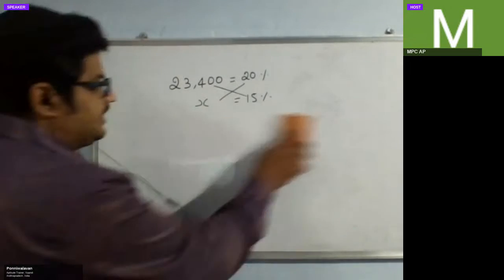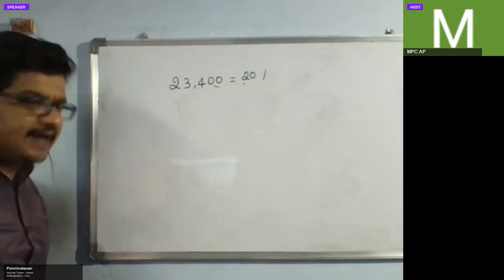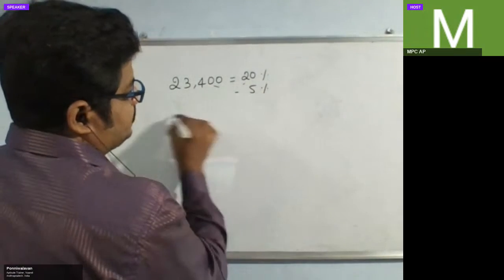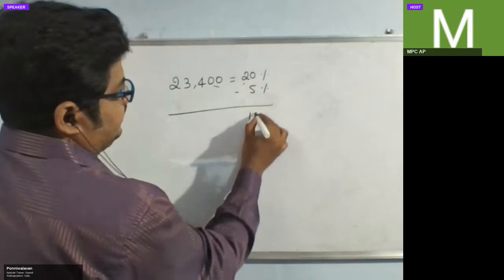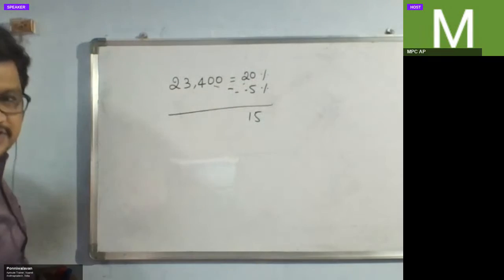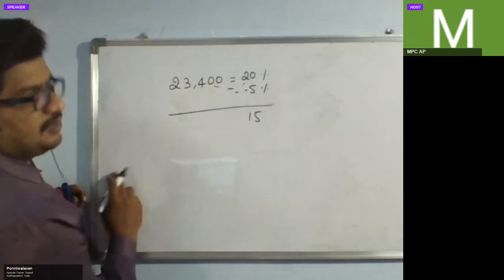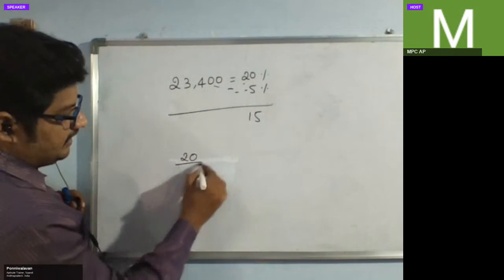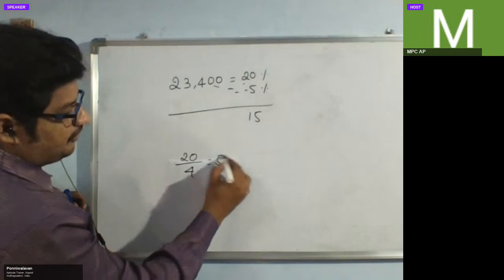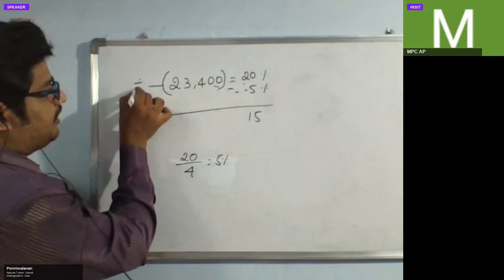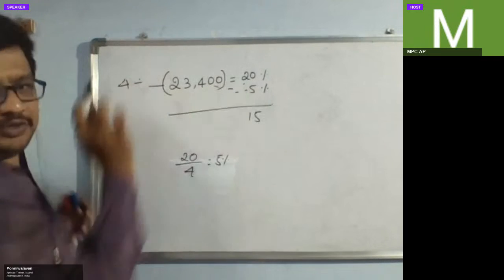Otherwise, if you subtract 5 percentage, you will get 15 percentage. So I am going to find 5 percentage. 20 divided by 4 gives 5 percentage. So I divide this value by 4 to get 5 percentage.